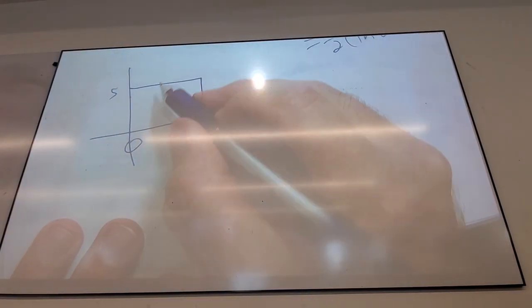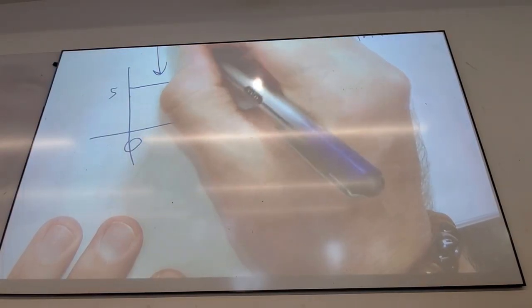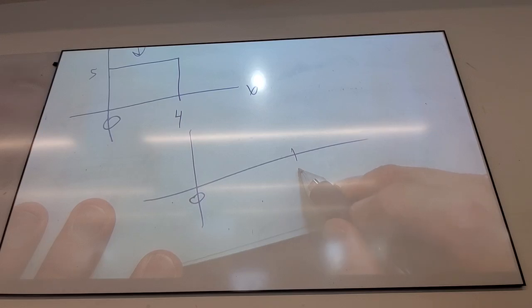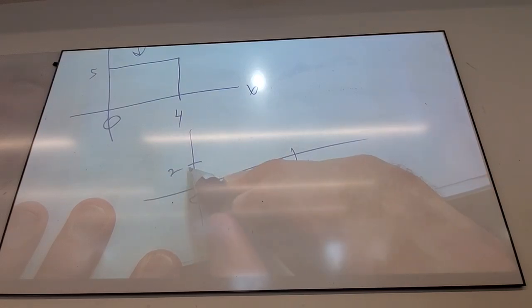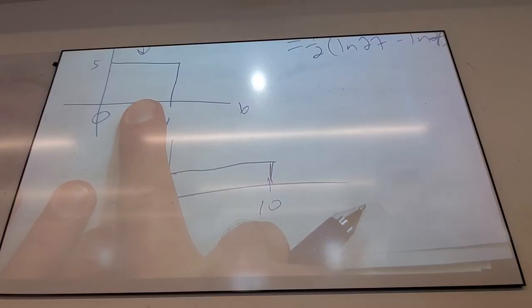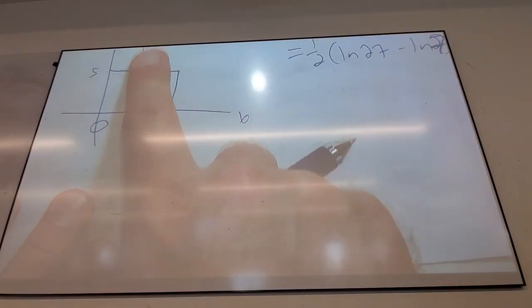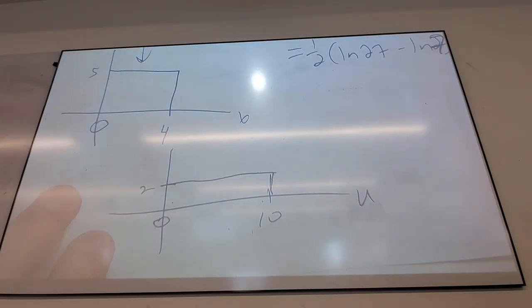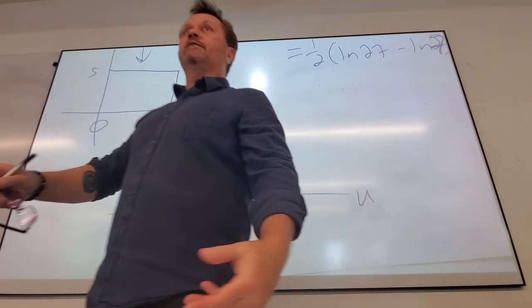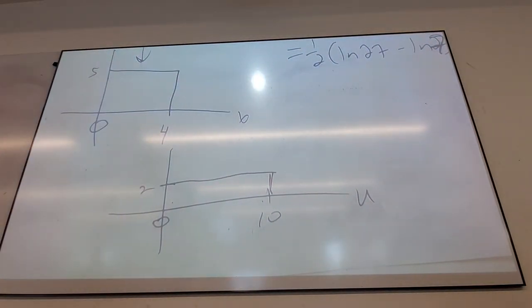If I smoosh it, it might become 0 to 10, but only go up to 2 now. Isn't the area here 20? If I smoosh it, then for u it still has an area of 10, but now it's going from 0 to 10 instead of from 0 to 4.